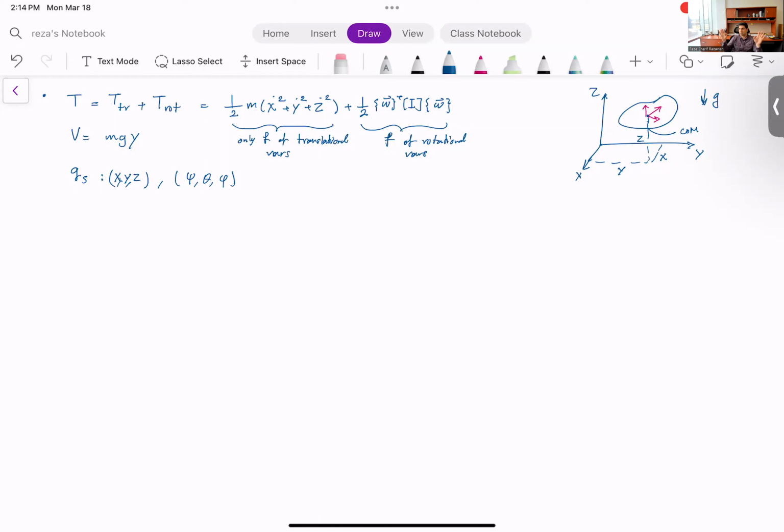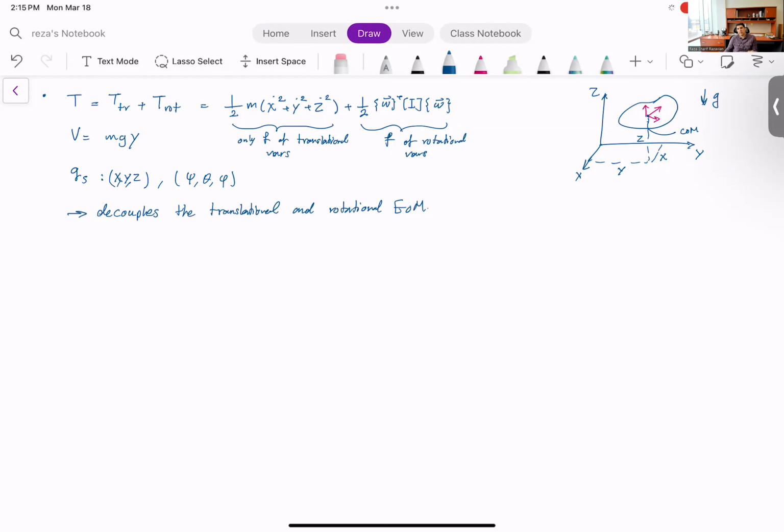So in some sense, with this choice of variables, I have decoupled the translational and rotational equations of motion, which simplifies life in general a lot.